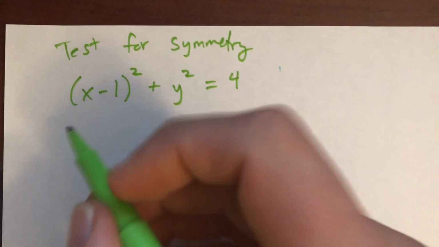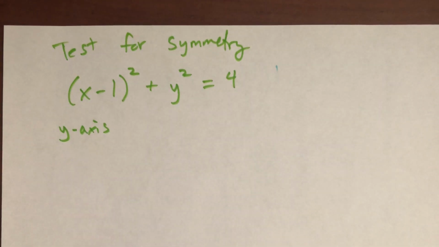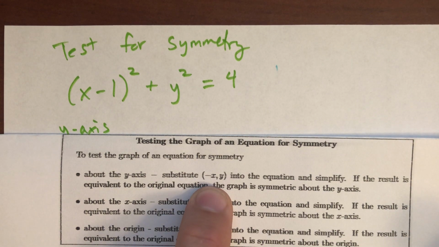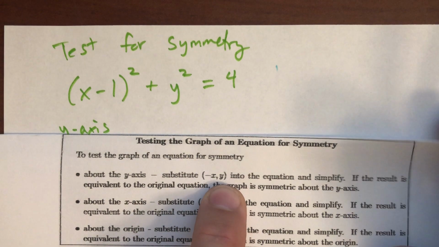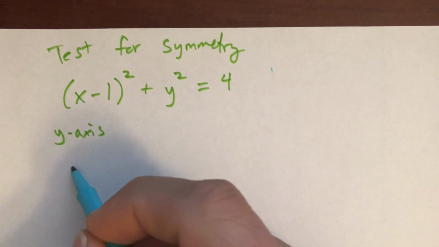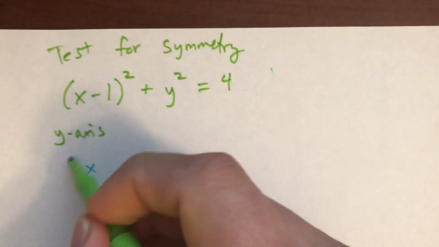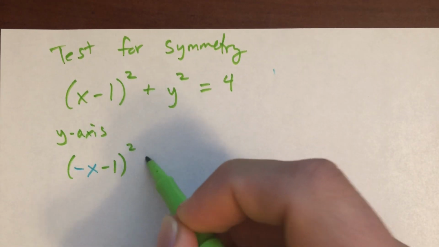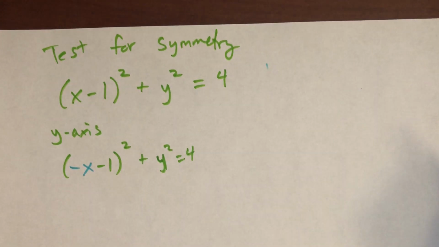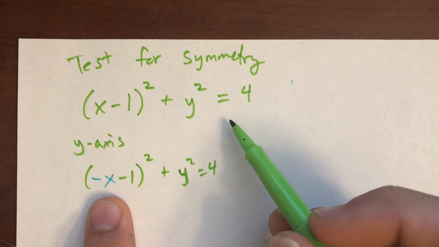So if I want to test for y-axis symmetry, I'm going to put negative x in for x, and I'm going to leave y where it is. So I'll put negative x instead of x. And then we can look at it and say, well, is this equivalent to what we started with?